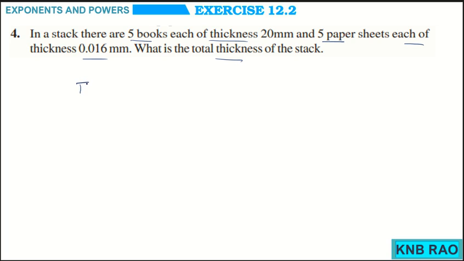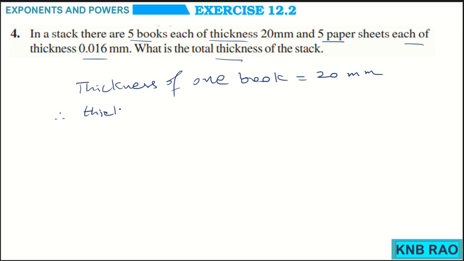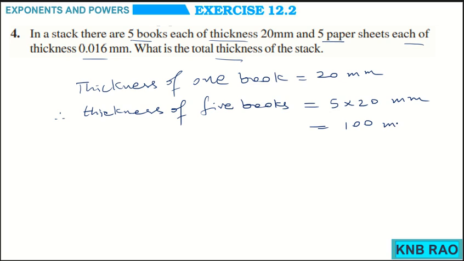So thickness of one book is 20 mm. Therefore, thickness of 5 books is 5 into 20 mm. That means 100 millimeter.